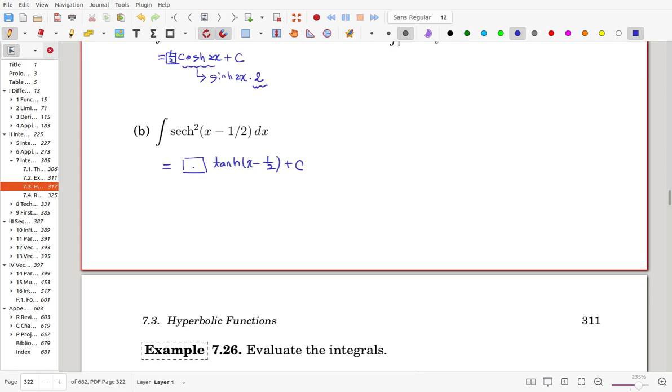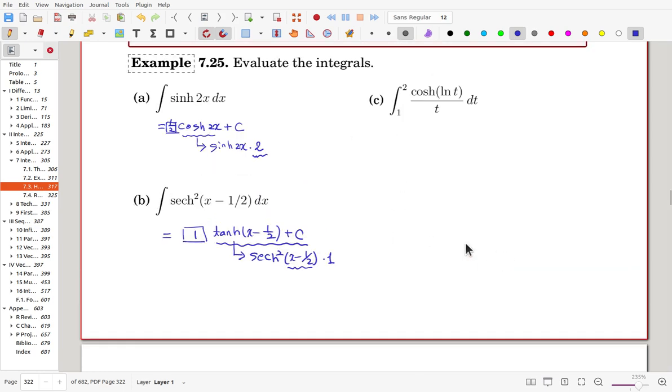Now you have to decide this coefficient. If you make the derivative, that will be sec hyperbolic squared of x minus 1/2, and its derivative is 1. So that 1 is okay, you may ignore this box. That is the final answer.